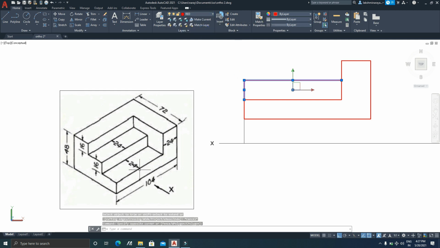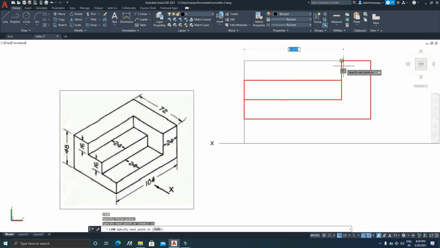Highlight this. So this is the profile we have drawn now. Now let us draw this profile also. For that, draw a vertical line whose length is equal to 16 and join this. Highlight this with red color. So this is the front view.